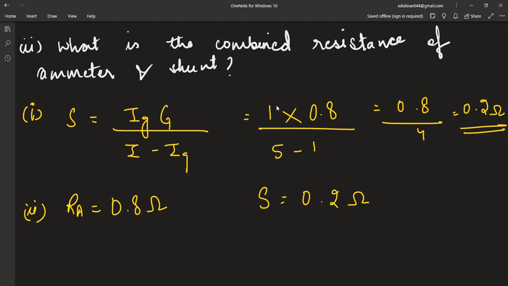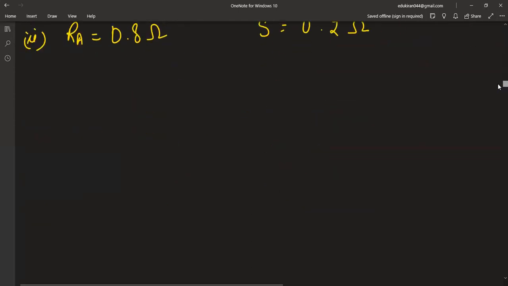See, shunt is connected in parallel. How will you add them directly? Combined resistance of ammeter and shunt means the combined resistance of galvanometer and shunt. How are they connected? They are connected in parallel.